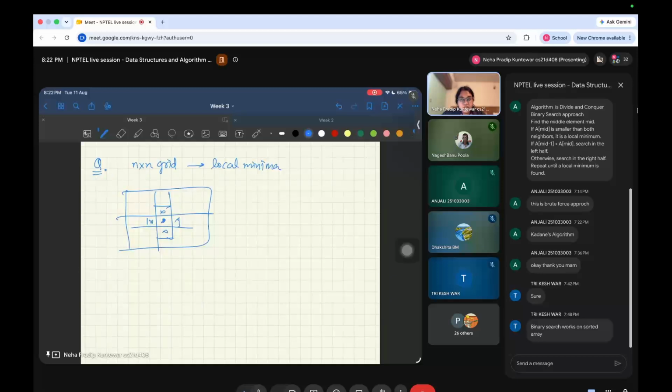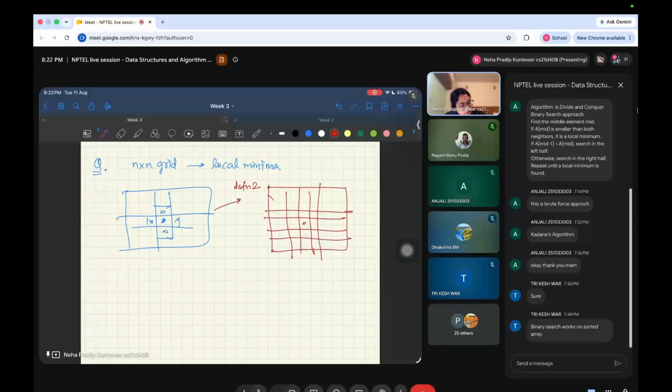So that is one definition of neighbors, but I can also define the neighbors differently. Definition 2 could be that given this element, my neighbors are the diagonal entries. So this is my neighbor, this is my neighbor.